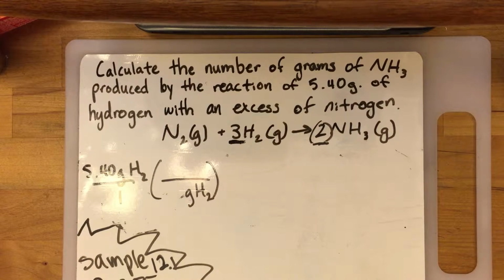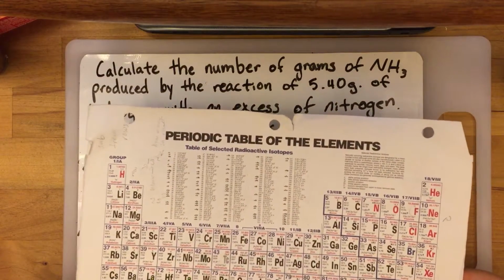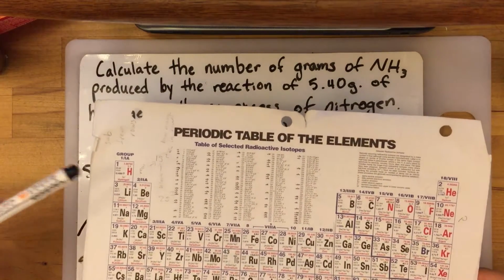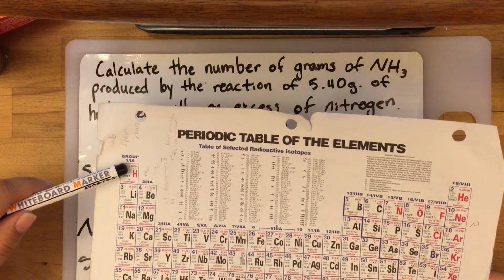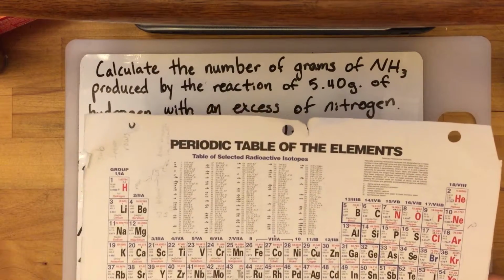And now here you want to find the actual mass of hydrogen. So you look on the periodic table of elements for the atomic mass. It would be about 1.01 when rounded to the hundredths place.